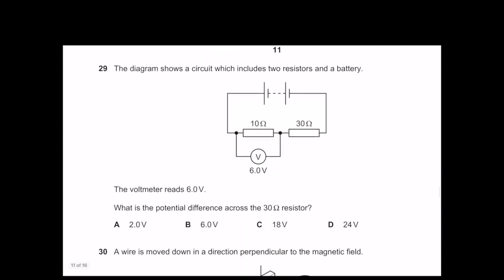In question 29, the diagram shows a circuit which includes 2 resistors and a battery. The voltmeter reads 6 volts. What is the potential difference across the 30 ohm resistor? Okay, let's see.